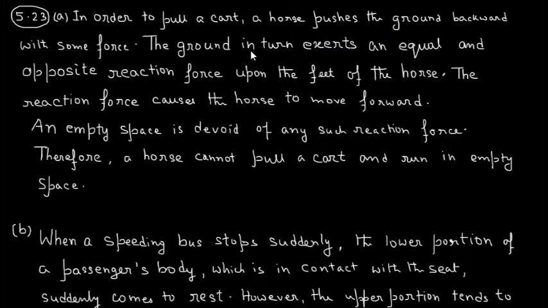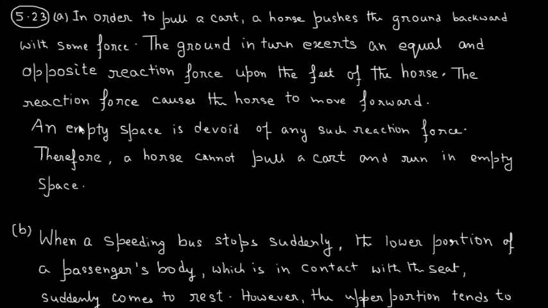The ground, in turn, exerts an equal and opposite reaction force upon the feet of the horse. The reaction force causes the horse to move forward. An empty space is devoid of any such reaction. Therefore, a horse cannot pull a cart and run in empty space.